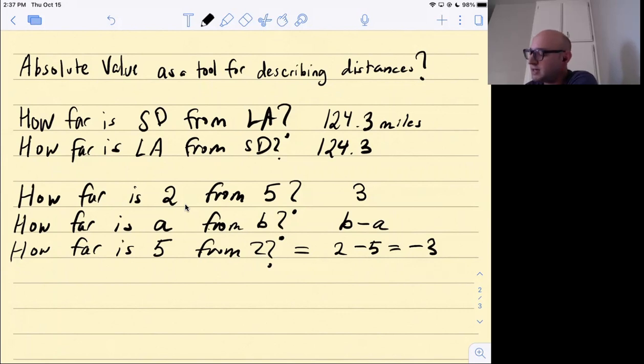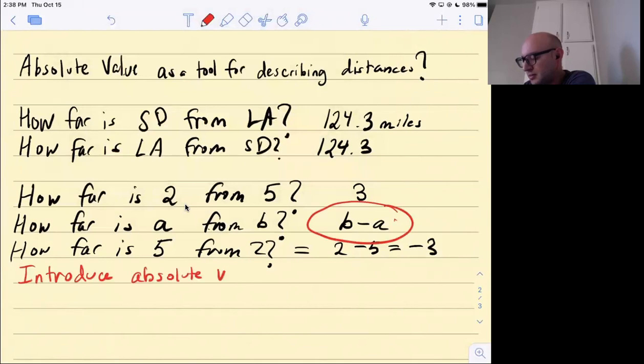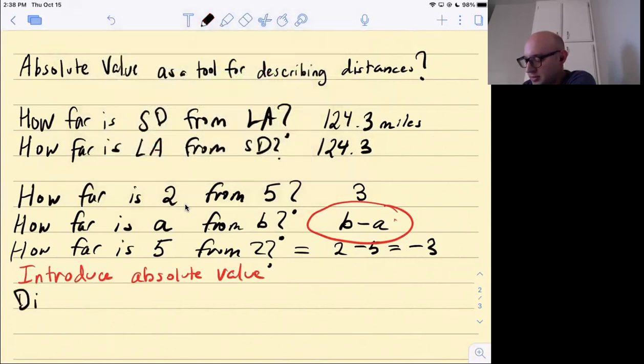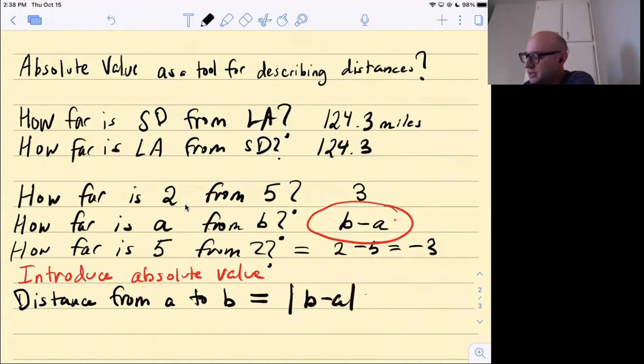So the correct formula is, we want to make sure to introduce absolute value so that we say the distance from A to B is equal to the absolute value of B minus A, or alternatively, it's also equal to the distance from B to A. So both are the same.